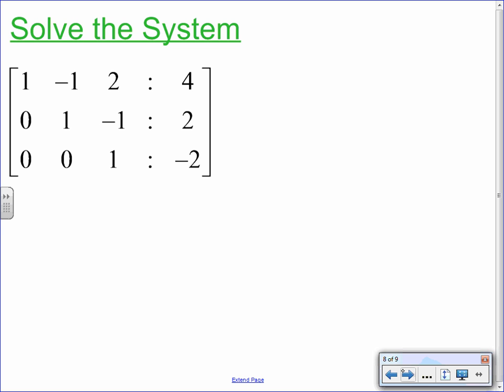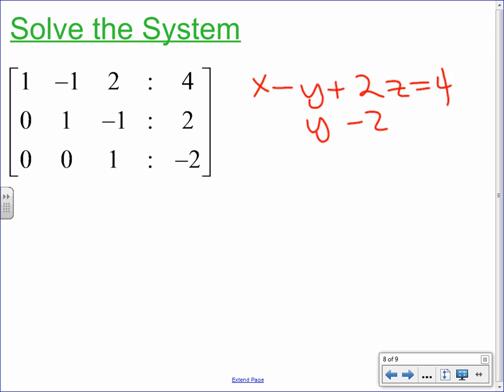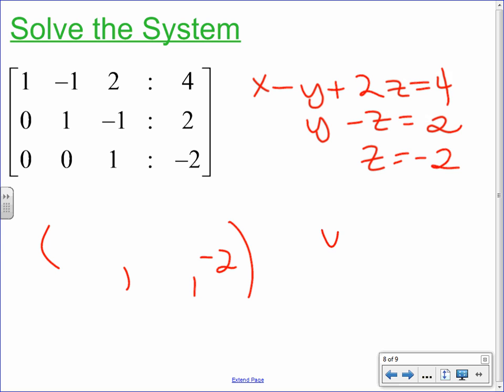This first row, we can interpret as what equation? Second line. And last. All right, so our solution to this system of equations, we know z is -2. Y minus z should equal 2.